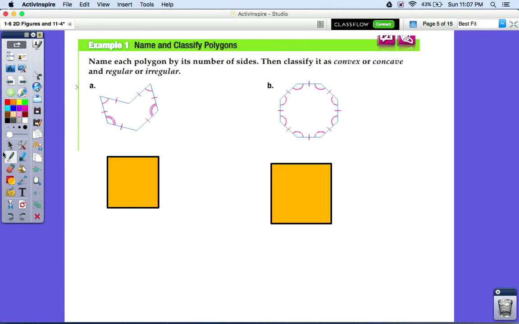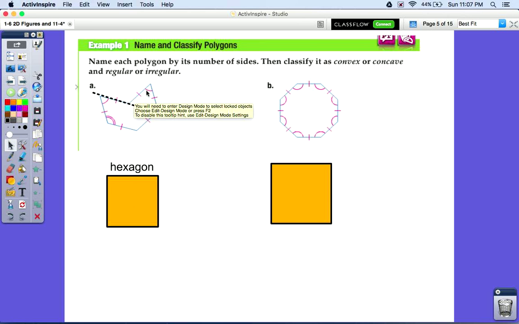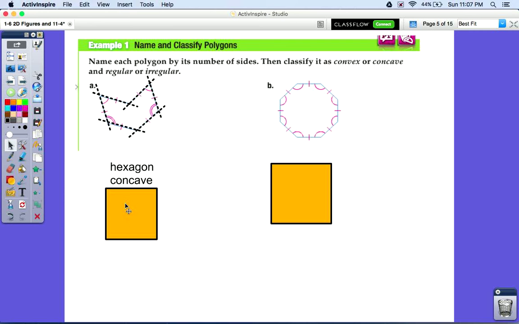Alright, so this example asks me to name each of the polygons by the number of sides and then classify it as convex or concave and as regular or irregular. So in this case, this is a hexagon because it has 6 sides. And if I were to draw in these lines, right here you have 2 lines that intersect the interior, so that makes this a concave figure.